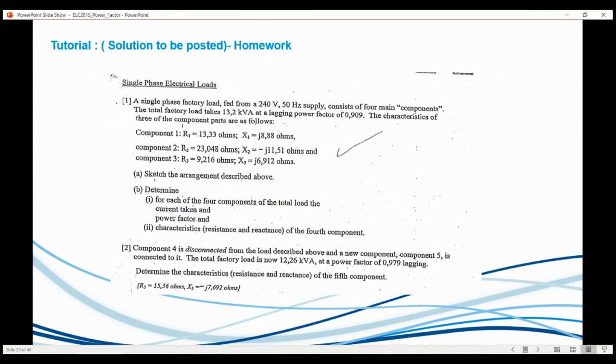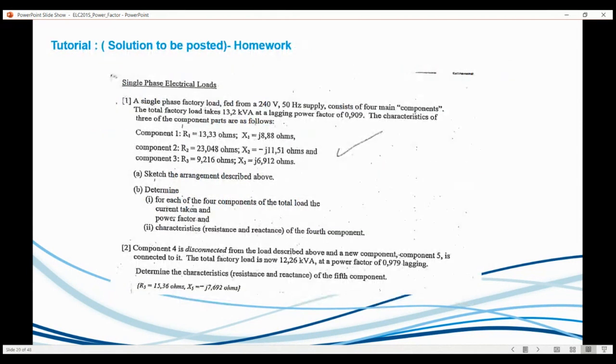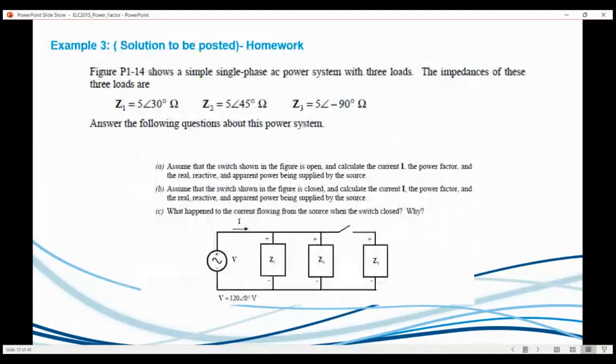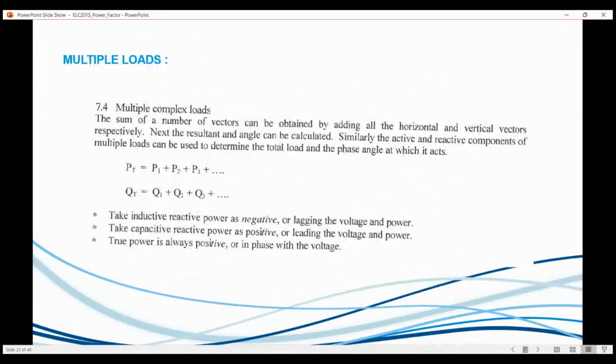And I expect you to do the single phase electrical loads as well. Another problem you can do. So these are quite nice problems actually for 3-phase power and so on. Anyway, if you can do those, that'll be homework. I'll post some more homework on this as well.